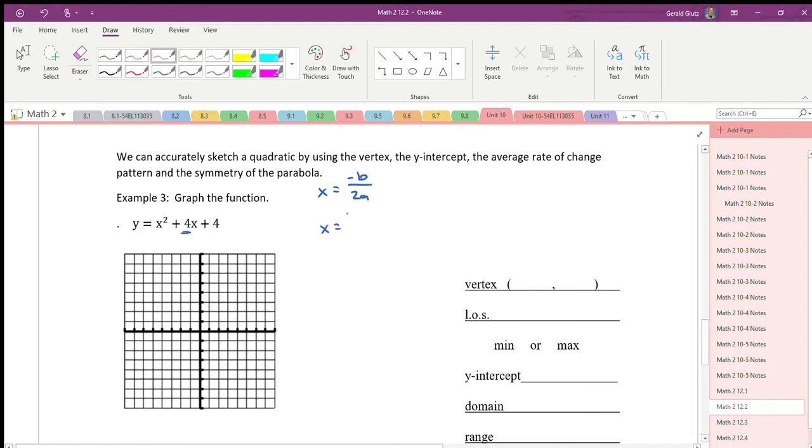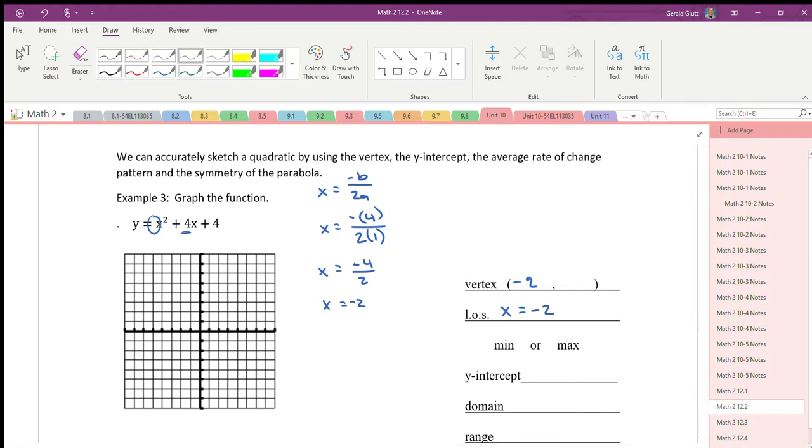B is 4, so -4 divided by 2 times 1, because remember, there's an imaginary 1 there if you don't see a number, times x squared. So I have -4, 2 times 1 is 2, so -4 divided by 2 is -2. So our line of symmetry, which we just found, is x equals -2, and we also know that the x value of the vertex is -2.